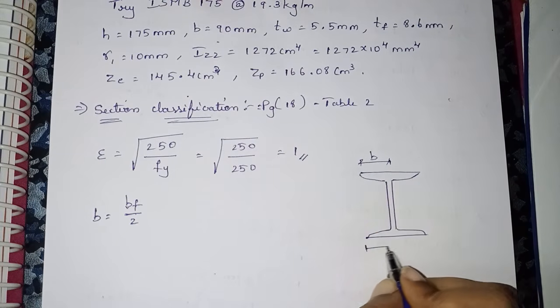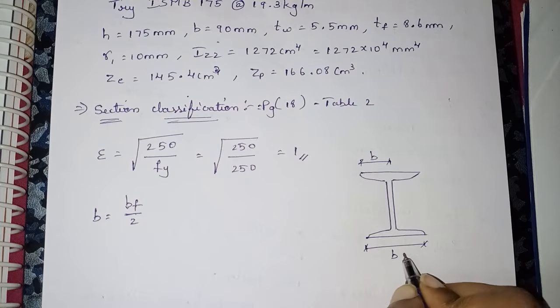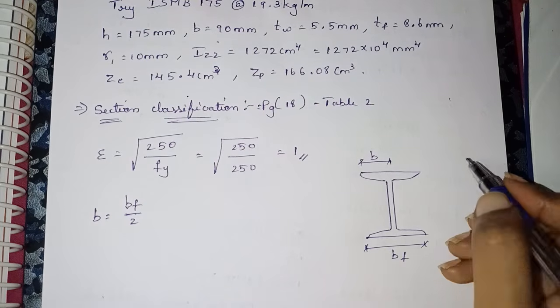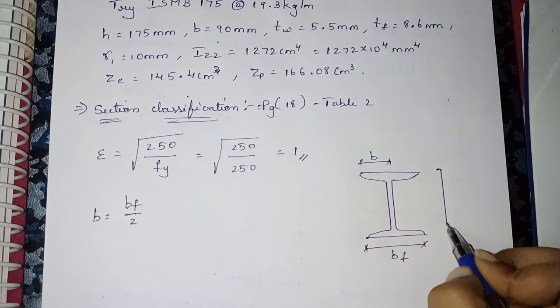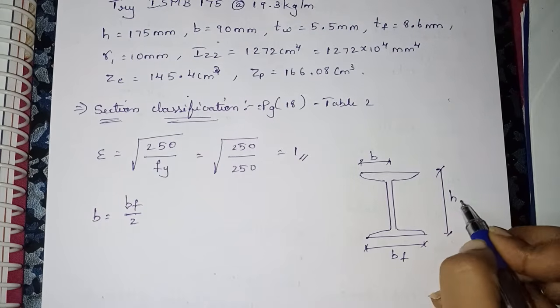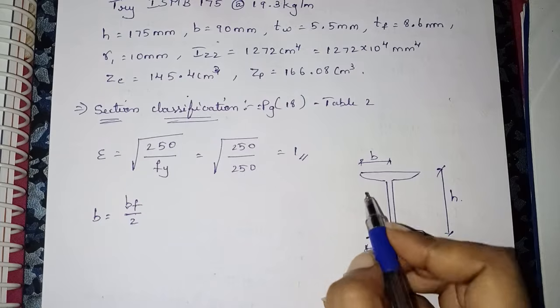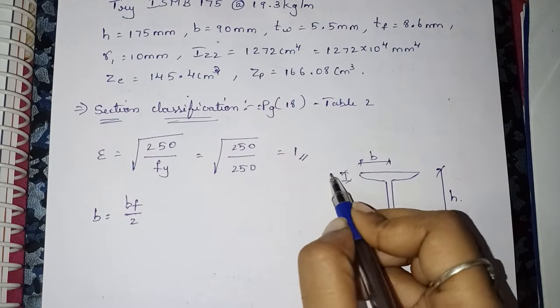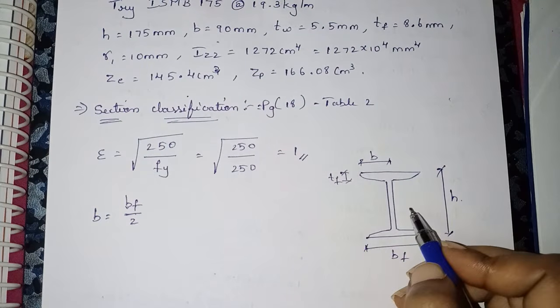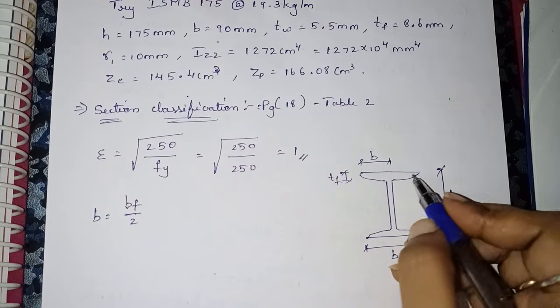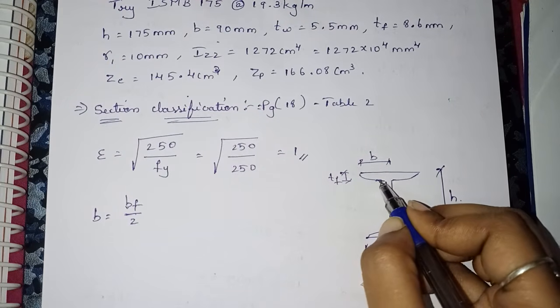So what is this now? Breadth of the flange, bf. The total height is small h, like this. Thickness of the flange is this one, tf. And R is the radius of this curve.